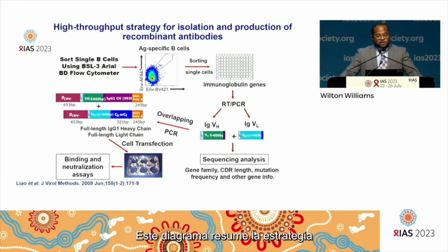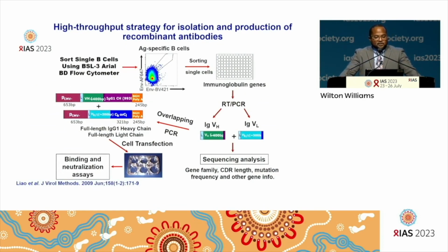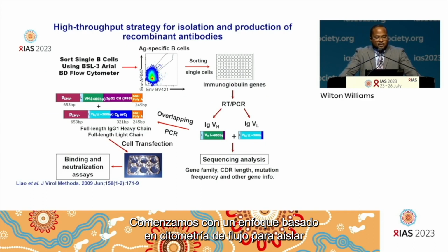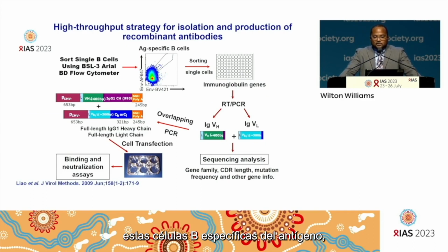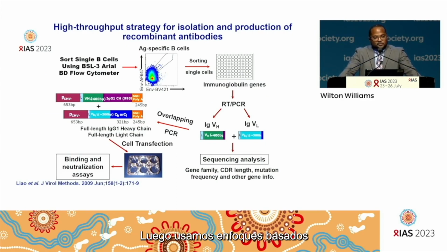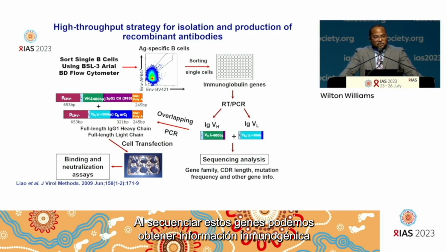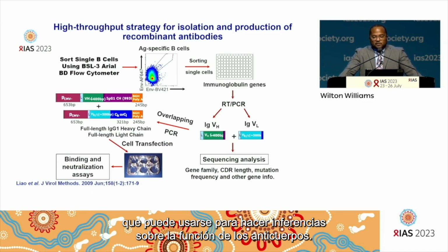So this flowchart summarizes the high-throughput strategy for isolation and production of recombinant antibodies. First, we start with a flow cytometry-based approach to isolate these antigen-specific B cells. A single cell gets sorted per well of a 96-well plate. We then use PCR-based approaches to amplify the antibody heavy and light chain genes. By sequencing these genes, we get immunogenetics information that can be used to make inferences about antibody function.